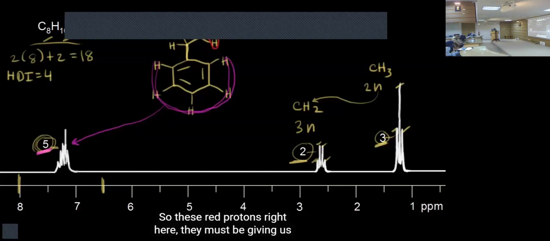Because of that, you will split into how many signals? n plus 1. n is 2, so 2 plus 1 is 3. You will split into 3, because of the effect of your neighboring protons.